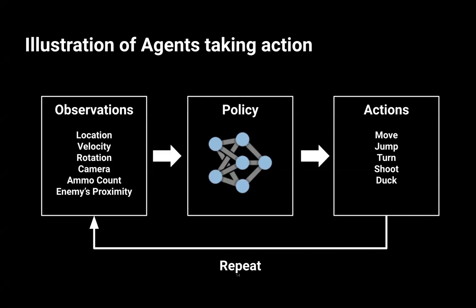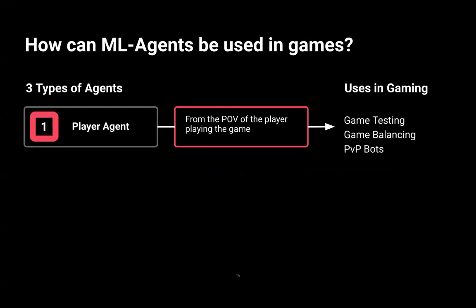And throughout the game, this cycle repeats. So at every couple of frames, the agent will make a new decision, take a new action, and collect new observations. And that's our behavior. So that's an agent, and that's what an agent does in a game.